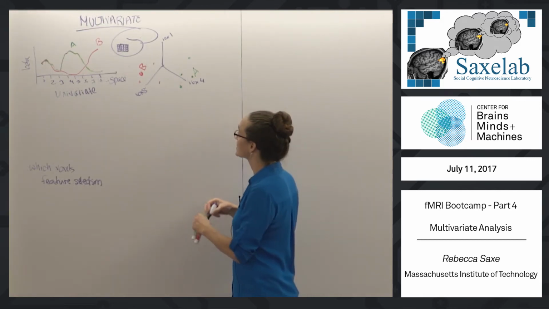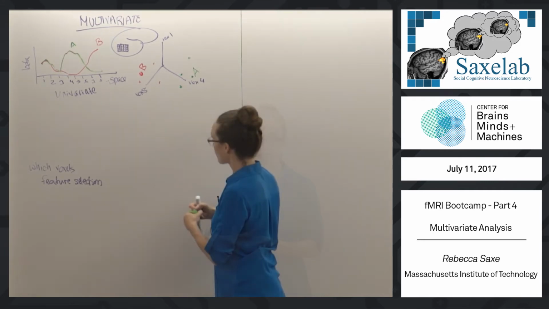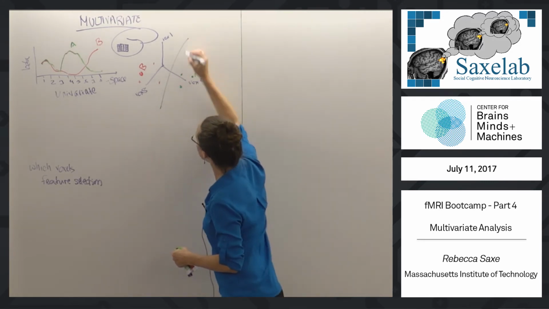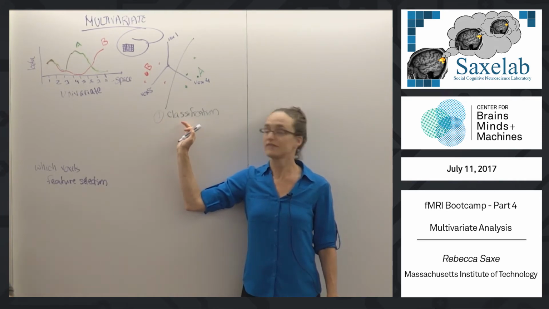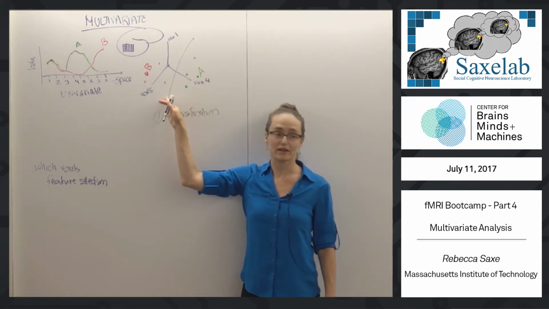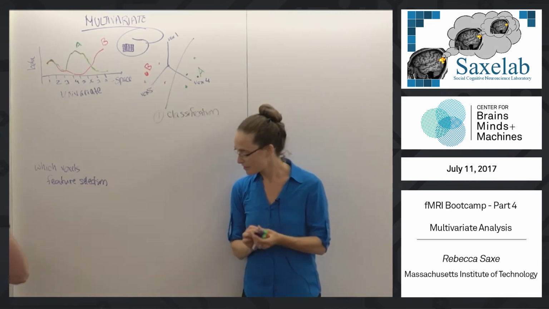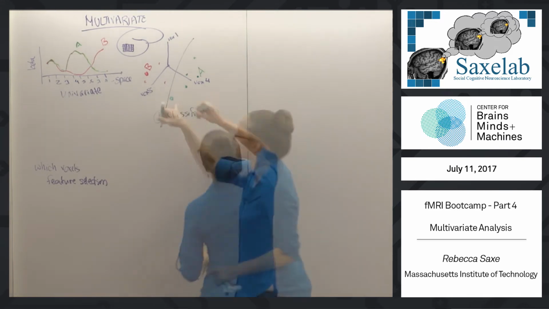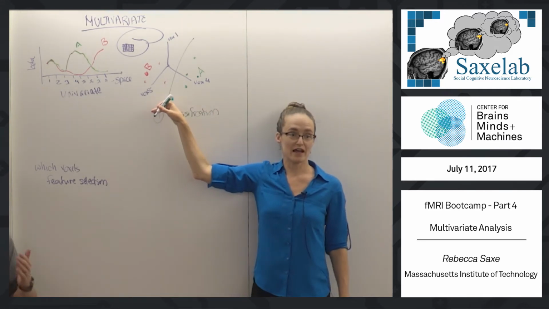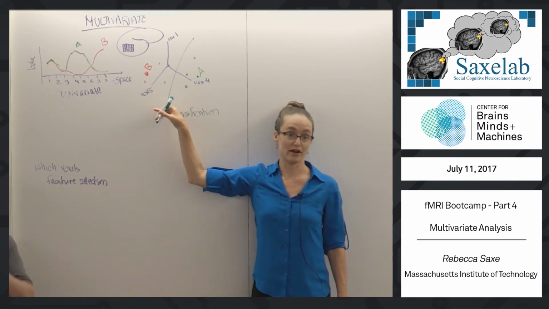There are two things that naturally follow from thinking of the data this way. One of them is classification. So classification asks the question: if I do the best job I possibly can of trying to draw a plane between those two clouds of points, then the next time, when you show me a new data point that I've never seen before, and I use that line to guess what condition it came from, am I right or not?